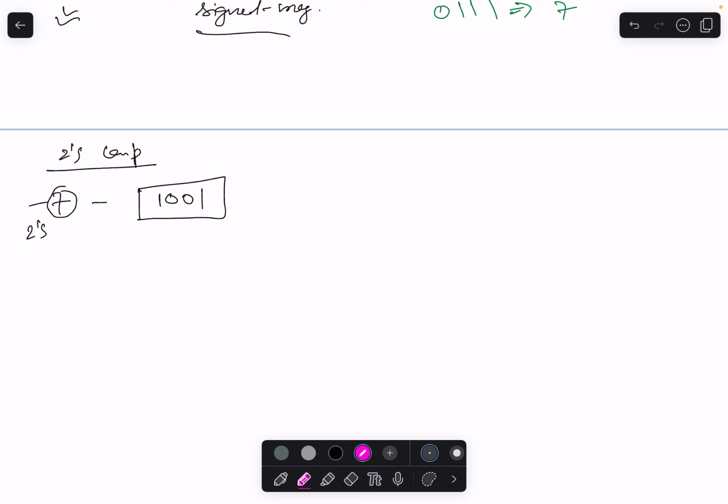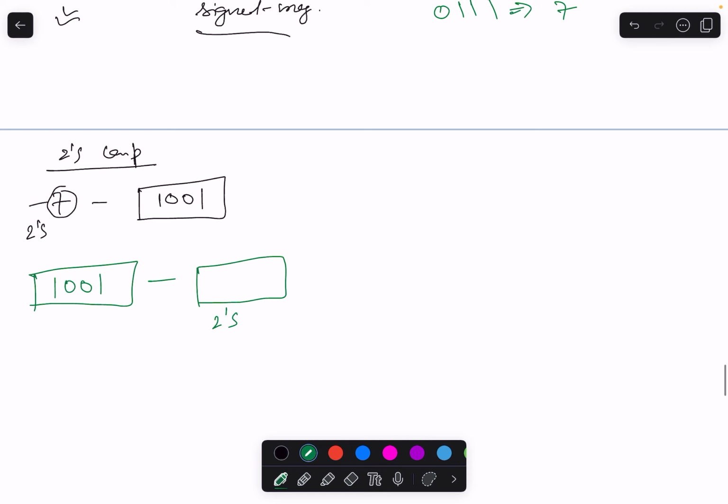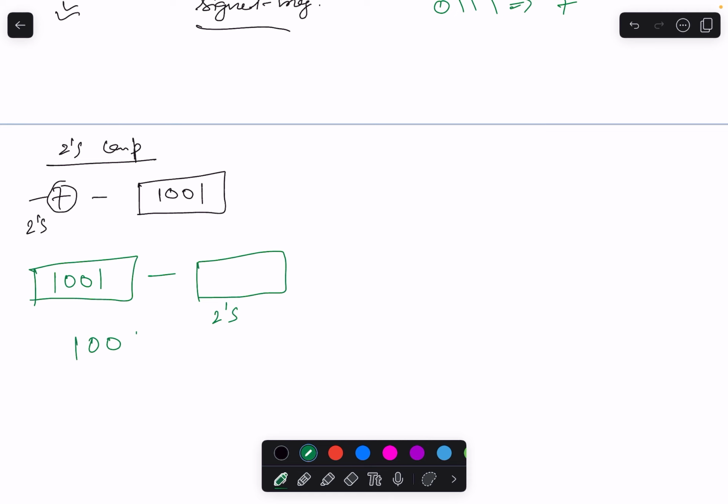Now if we are given the binary representation 1 0 0 0, what is the value in 2's complement? We take the number, we invert the bits, 0 1 1 1, and then we add 1 here, so it would be 1 0 0 0. So this will be 7, and because of the sign bit we have minus 7.